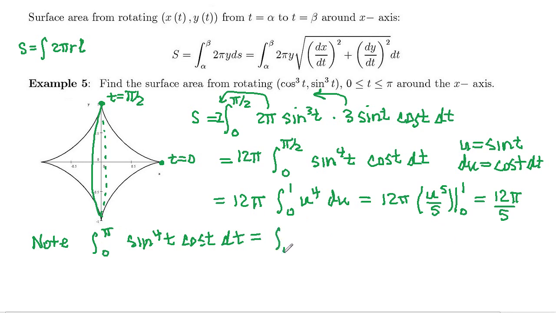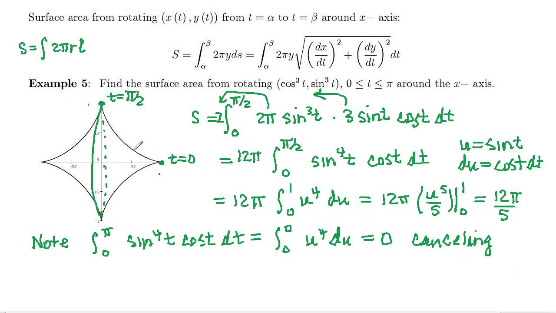So you would have got the integral from 0 to 0 of u to the 4th du, which equals 0. So you get canceling. And again, that's because of the orientation of the curve.